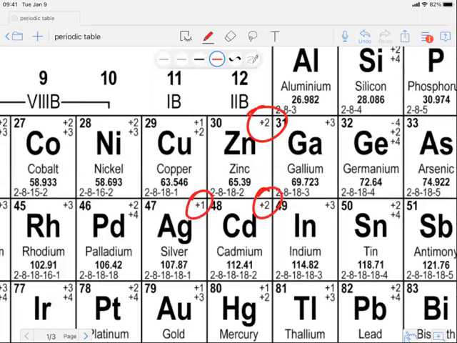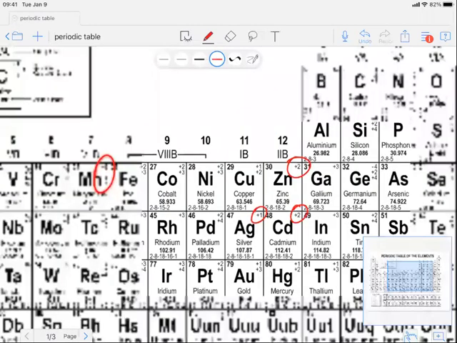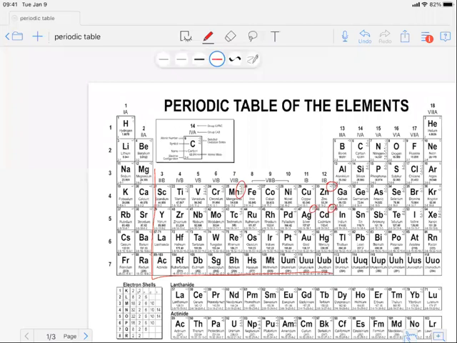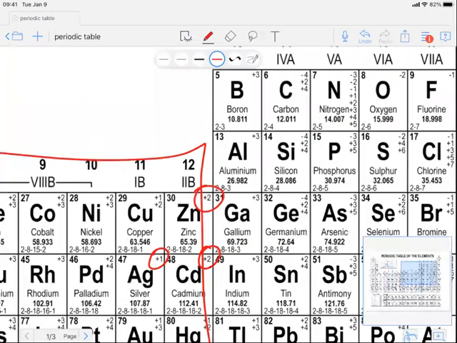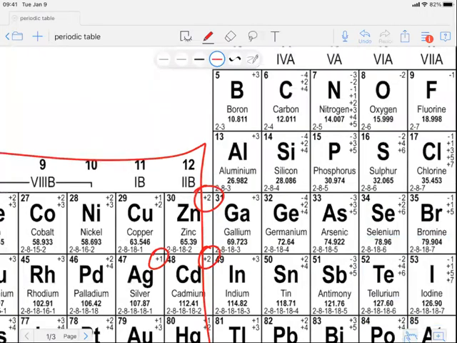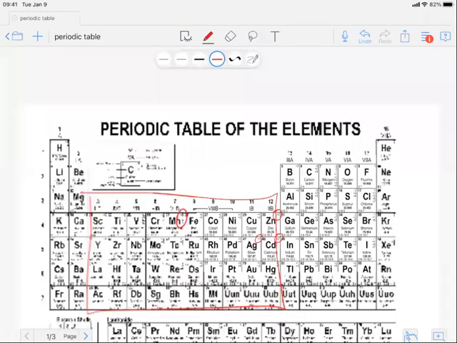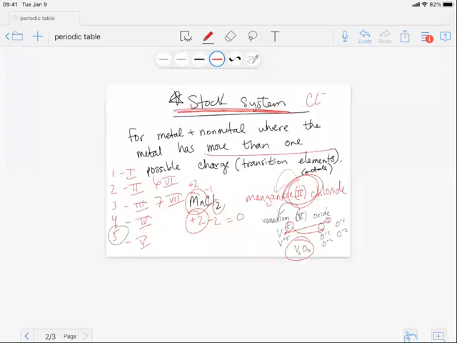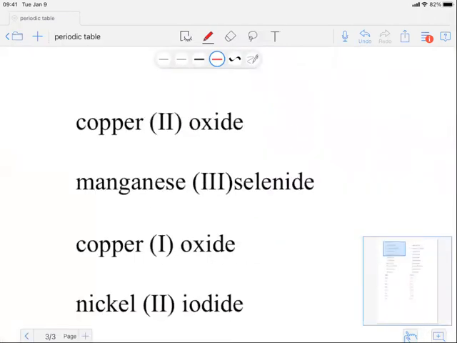Therefore, for these metals, even though they're in the middle section, they only have one charge, so you don't have to use the Roman numeral because there's only one possibility. Sorry, it looks like zinc is being 2 and 3. Circle stops there.